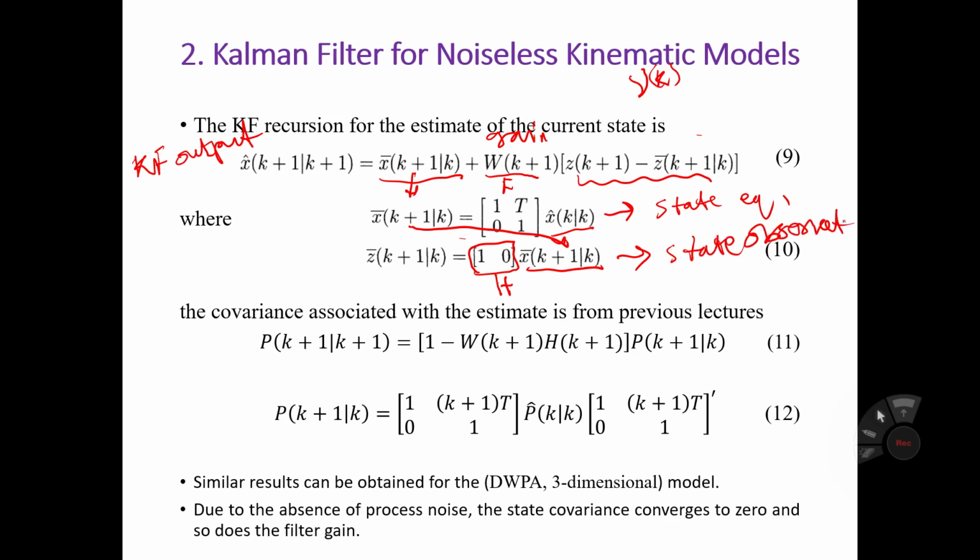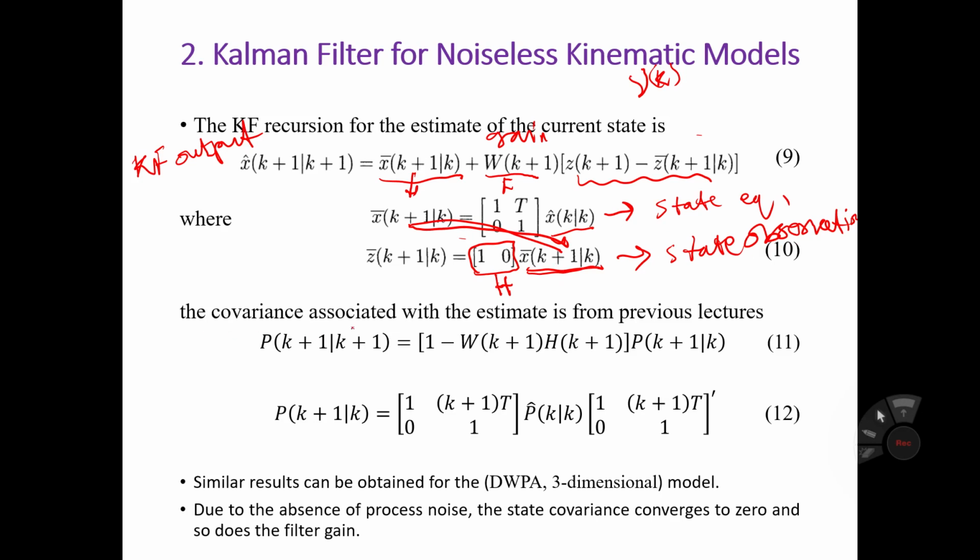The state observation is obtained using H, which is a 2 by 4 matrix, where one block is the identity matrix and the other is a zeros matrix. This 2 by 4 matrix is multiplied with the predicted state, and it will give you the state observation of the previous scan.